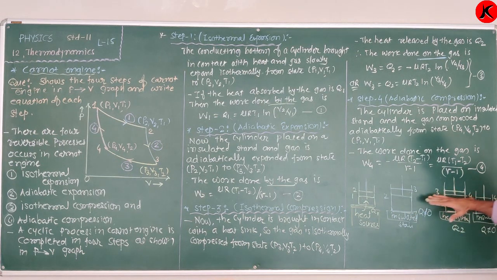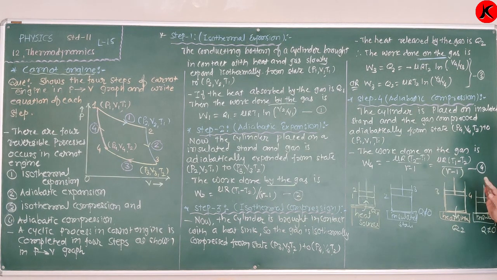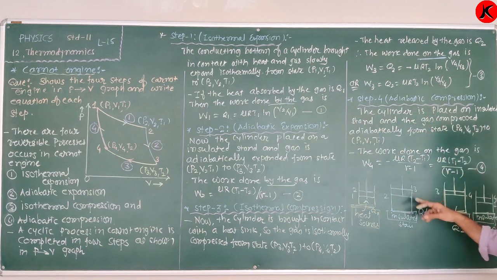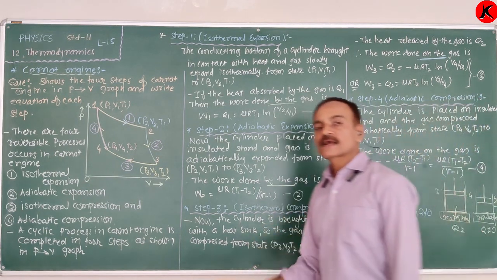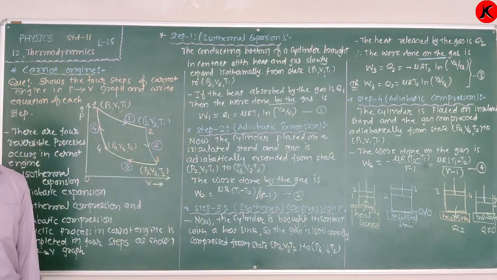This figure is not important, it is only for your understanding of how the isothermal expansion, adiabatic expansion, and the isothermal and adiabatic compression take place. And also keep in mind these 4 equations, 1, 2, 3, 4. These equations are important to deal with the work done in a Carnot engine during one cyclic process.